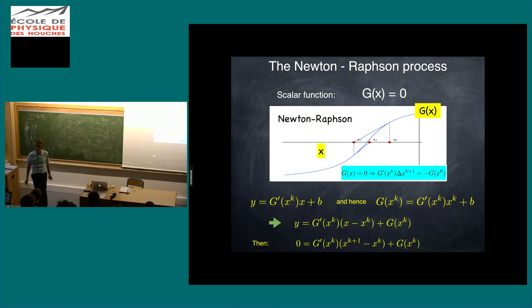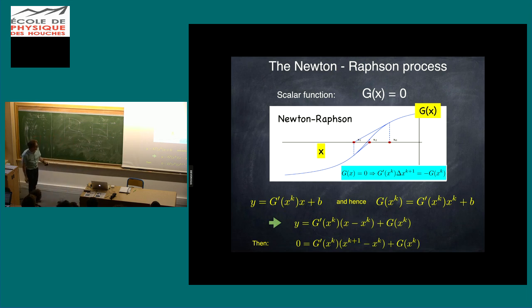This is the one-dimensional version, and this is what you probably used in numerical math class. Now if you generalize it, you have a Jacobian, so I multiply the Jacobian by g(x_k), and I get x_{k+1} minus x_k, and on the right-hand side I get minus g(x_k).